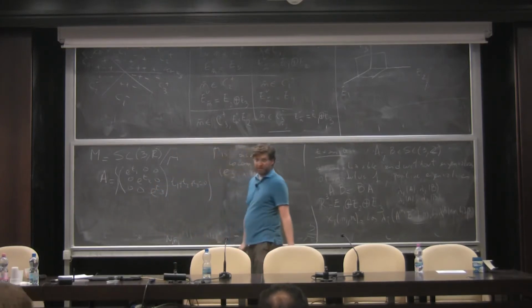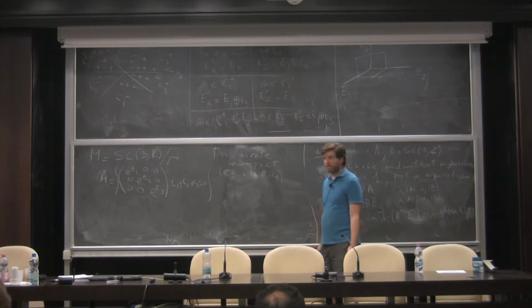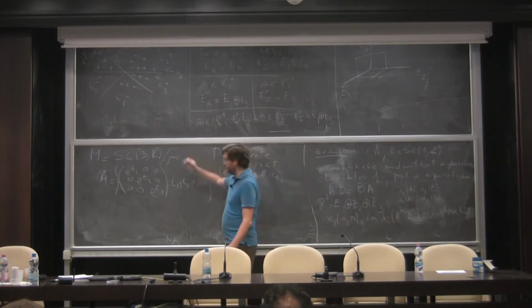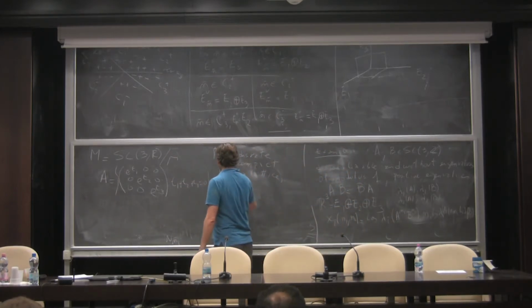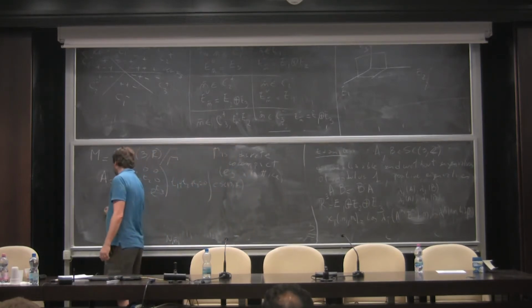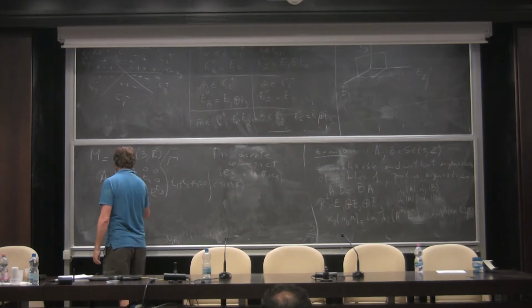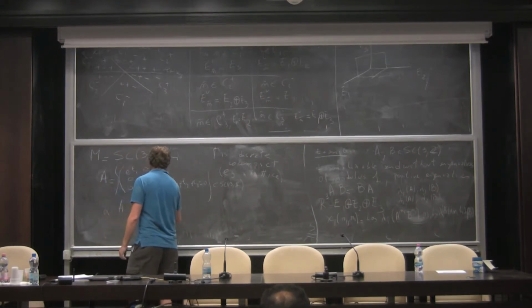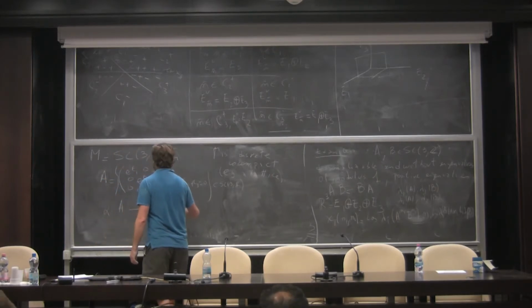So this is diagonal matrices with positive entries inside SL3R. And we have the natural action of A into diffeomorphisms of M.